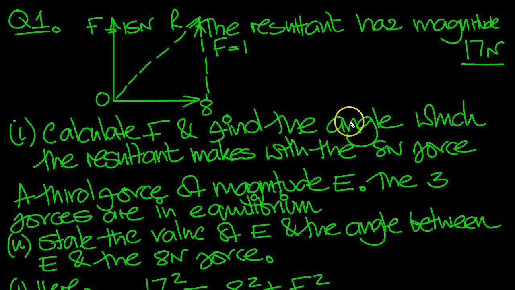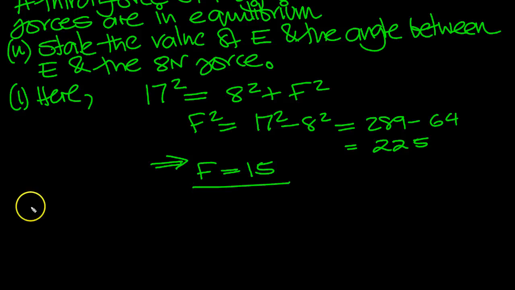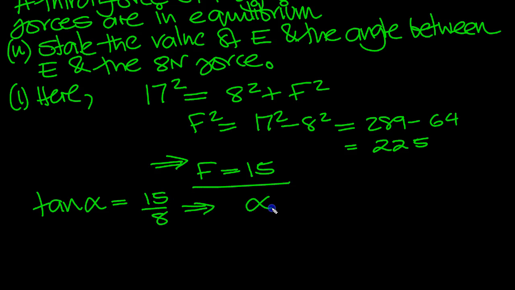Now find the angle which the resultant makes with the 8 Newton force. This is the horizontal, so tan alpha is going to be 15 over 8. So tan alpha is equal to 15 over 8, which tells us the angle alpha is equal to arctan of 15 over 8.